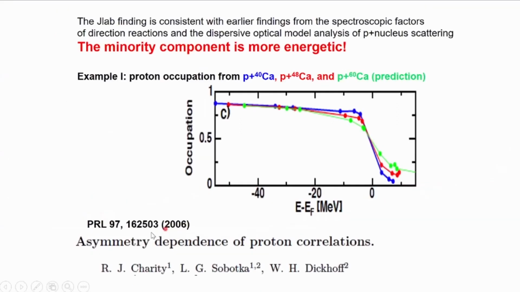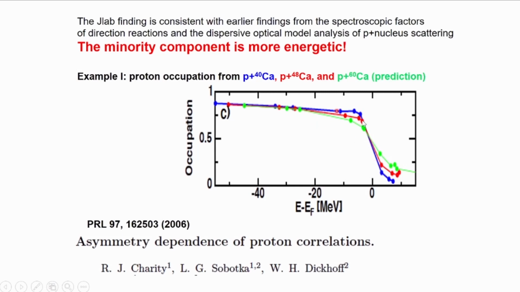This finding from studying short-range correlation using electron scattering at Jefferson Lab and proton scattering at Brookhaven a long time ago has also been seen in proton scattering on calcium isotopes. People at St. Louis did a dispersive optical model analysis, and they inferred the proton occupation in these three nuclei.